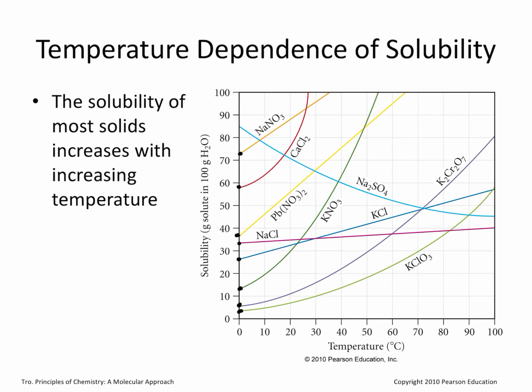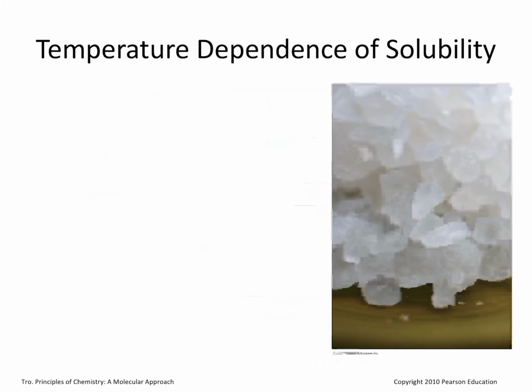Sodium chloride, not as much. Then what else do you notice? Well, you also notice that the sodium nitrate actually decreases as you increase the temperature. So it's true for most of them, but not all.